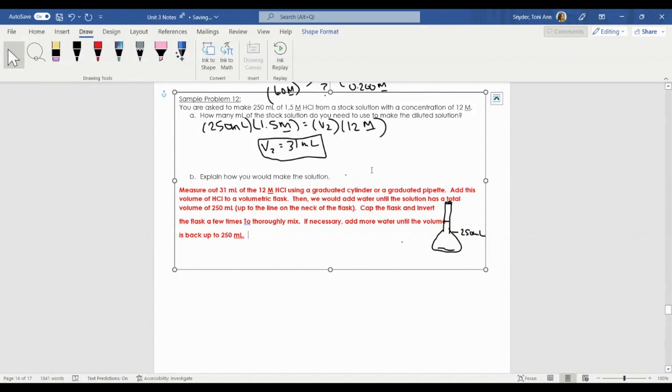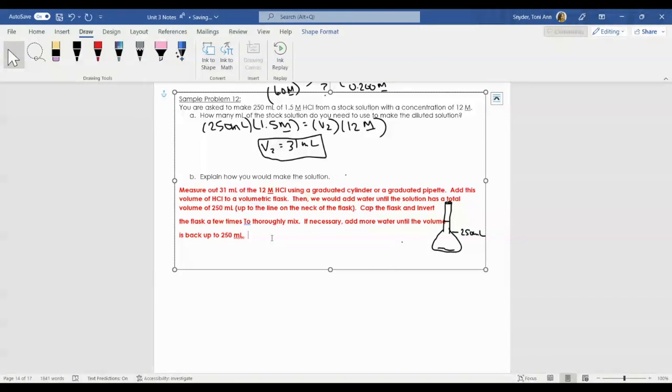So sometimes we might say, and this is okay too, you could add water before you add the hydrochloric acid as well. And that's probably actually a better technique because you never want to add acid to water, especially a strong acid or a very concentrated one. That's because it can gain a lot of energy very fast, because when the hydrochloric acid starts to dissociate, it releases a lot of energy. We're going to talk about that in another unit.